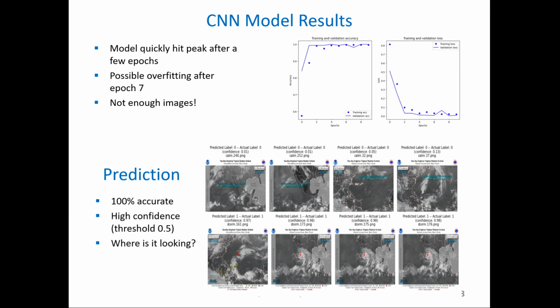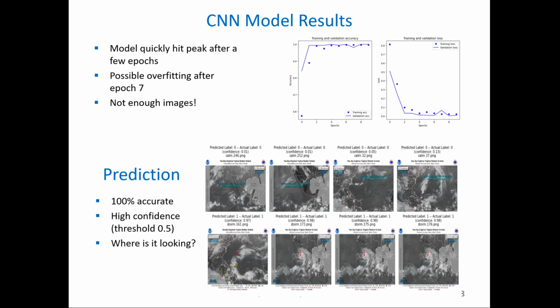The number of steps was actually the length of the images that we're feeding into the model. And this was really because we didn't have enough images. So we could see that it started to overfit, probably because we didn't have enough images to feed into the model.